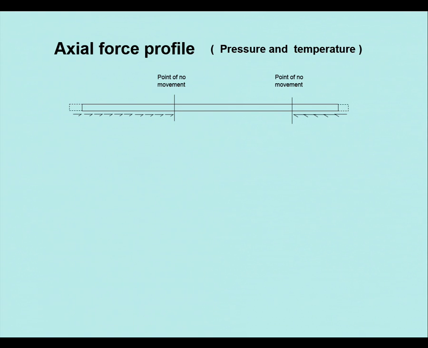In other words, if I take the weight per unit length multiplied by friction factor, it gives me a figure, and then I know the total force in the pipeline, I can divide one by the other to tell me the total length where the forces and that friction balance out, and it stops moving. And this is called a virtual point of no movement.